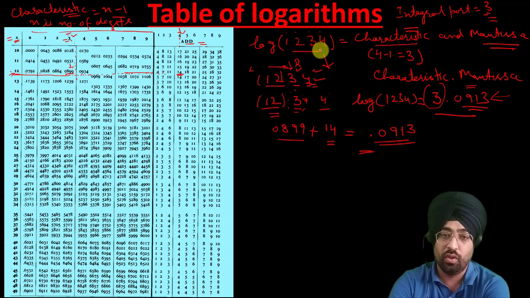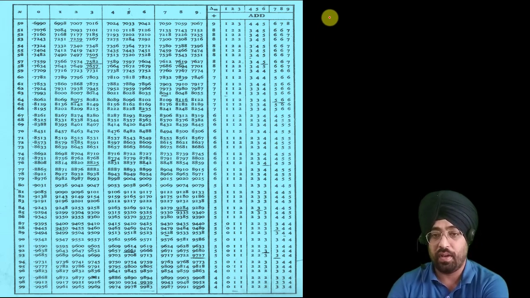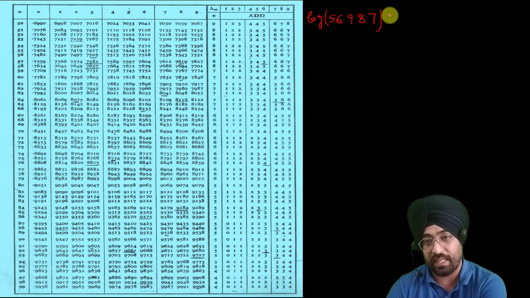Now let us do one more example. Let us try to find the log of 56987, a 5-digit number. First let us find its characteristic.